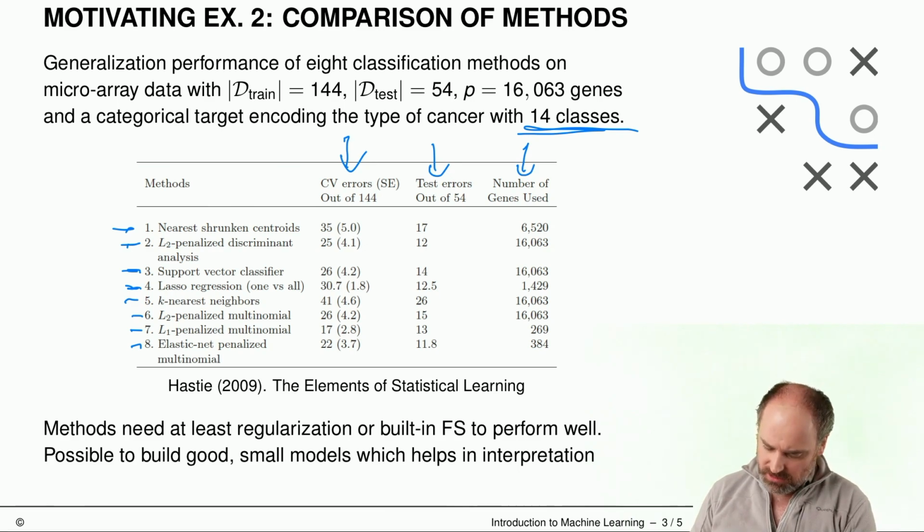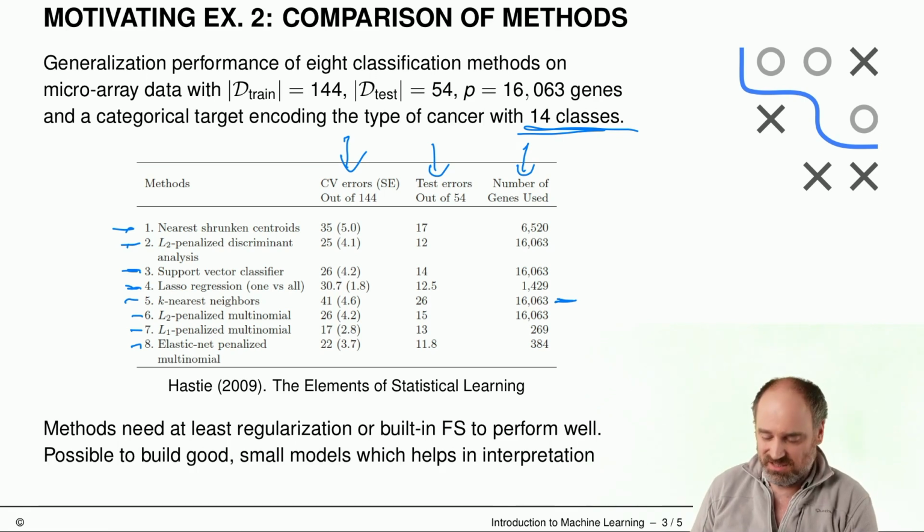So what you can see here is that for some of the methods, let's start with K neighbors. That's so simple that it doesn't do any form of feature selection. You can see here that it uses all features.